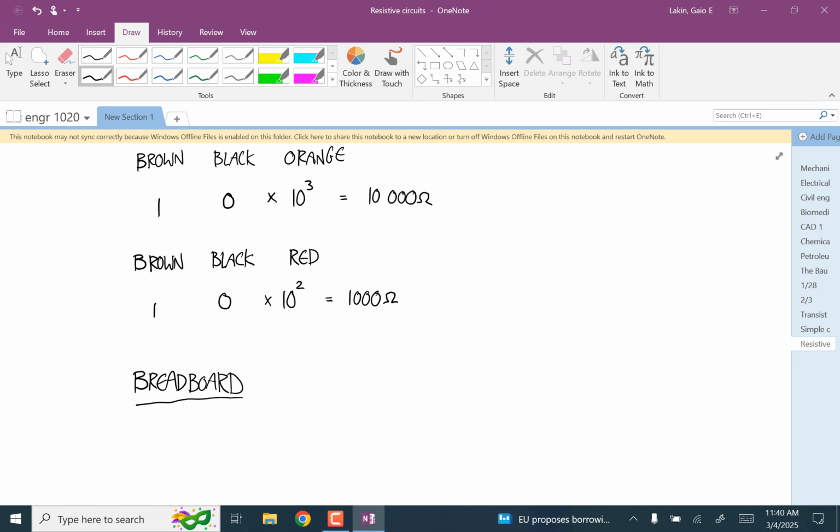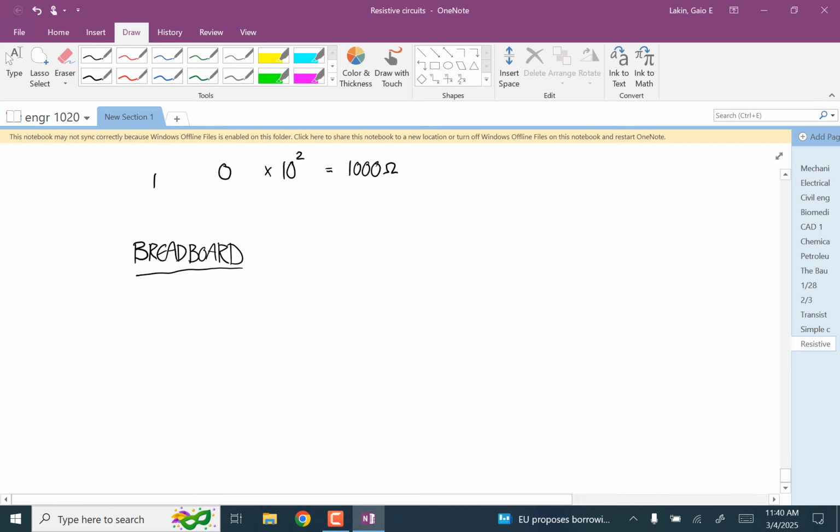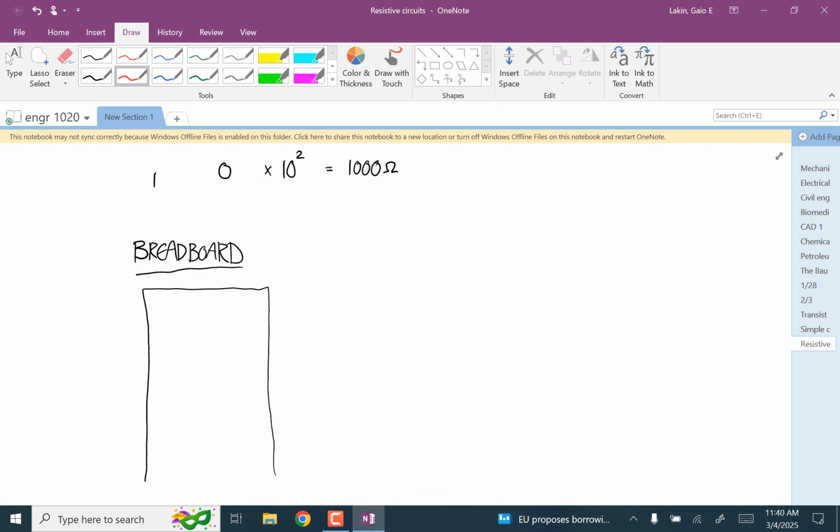And so the way it works is like this. I'll draw the top of it. I'm going to draw these as connected lines.